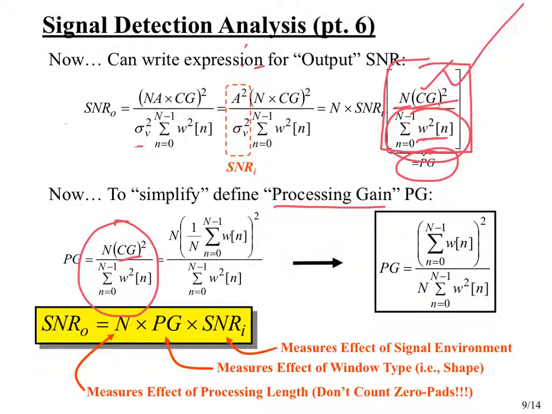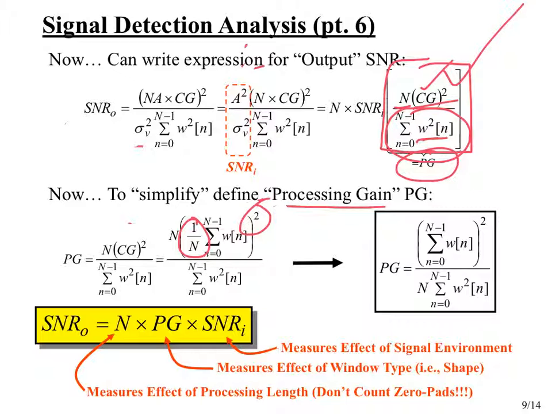And now I've subbed in for coherent gain here. And we're squaring the coherent gain, so we have that there. And so notice what ends up happening here. We can think of our processing gain. If we clear out some of these n's here, we've got a 1 over n squared.